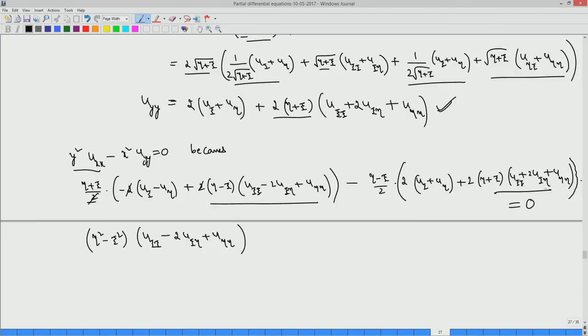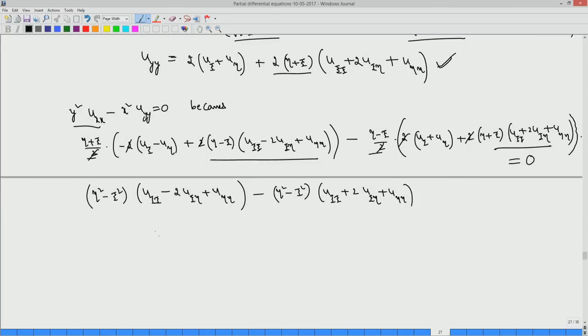And here if I combine this one and this one, after cancelling these two, you see that minus eta square minus xi square u xi xi plus 2 u xi eta plus u eta eta. What is left with these two? So, this will be plus eta plus xi into minus u xi minus u eta, and here eta minus xi into u xi plus u eta equal to 0.